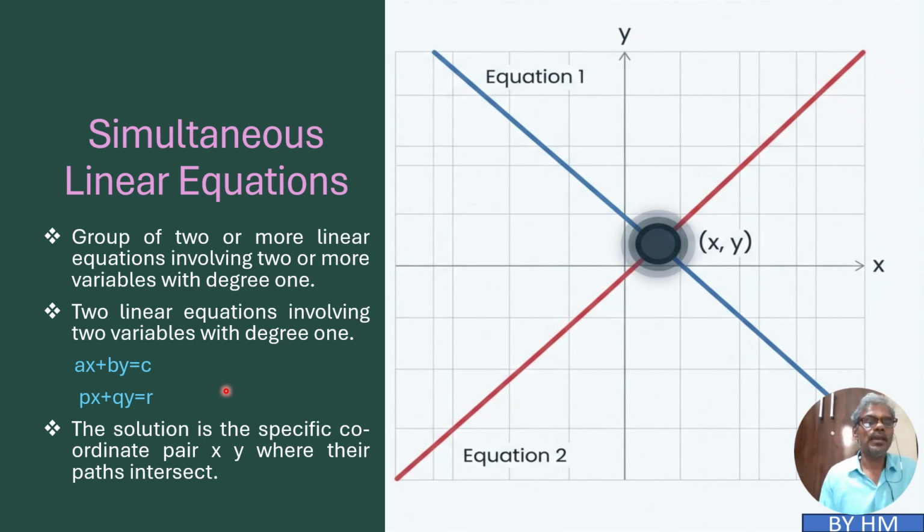Here a and b are not simultaneously 0, p and q are not simultaneously 0. The solution is the specific coordinate pair (x, y) where their paths intersect.